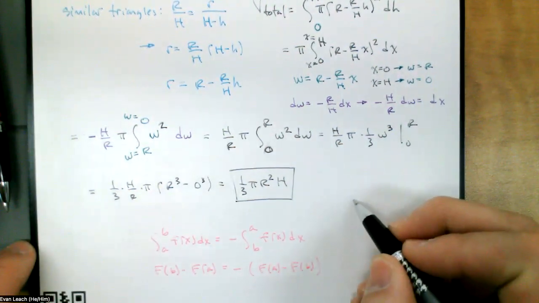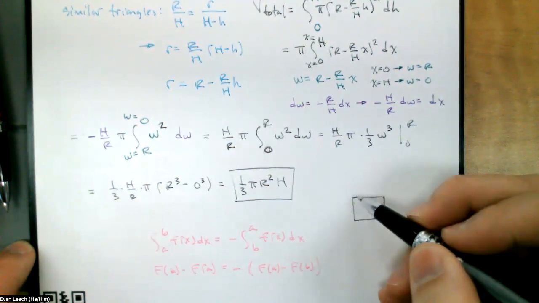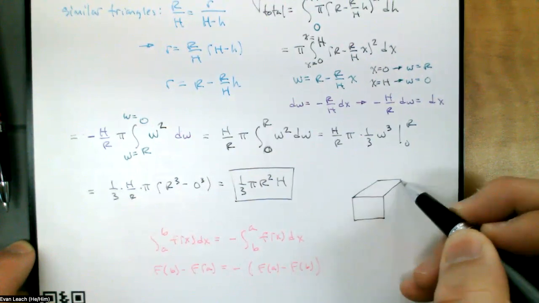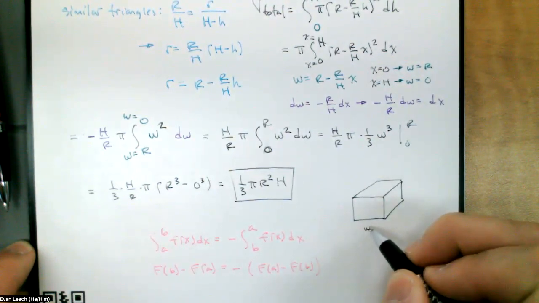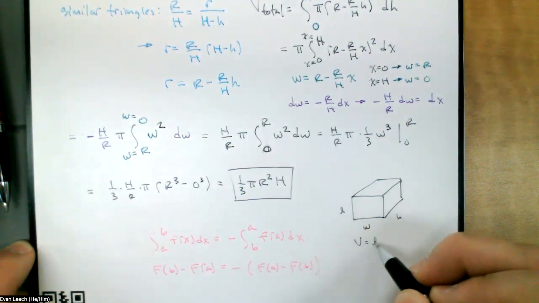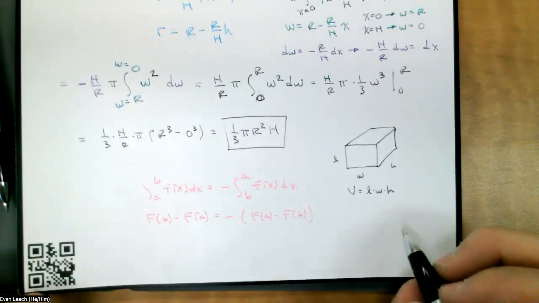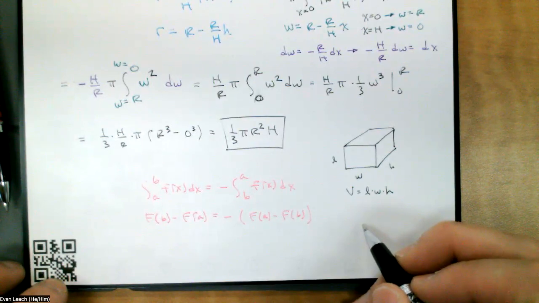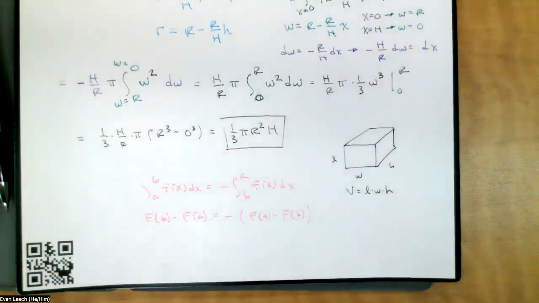Another problem that you'll want to look at, in addition to your tetrahedron problem, is this. The volume of a rectangular solid we know is length times width times height.